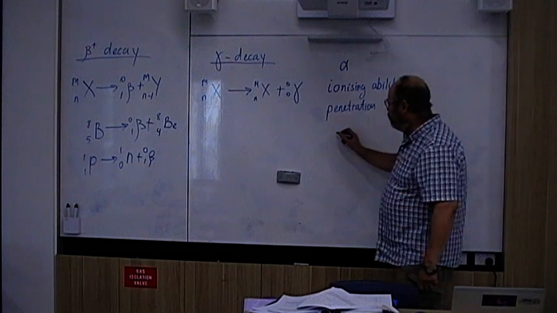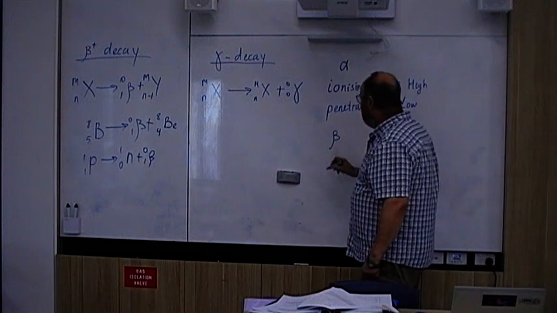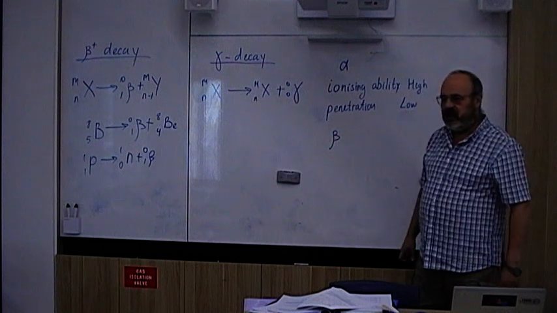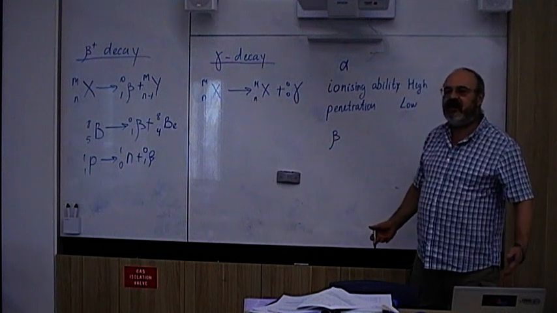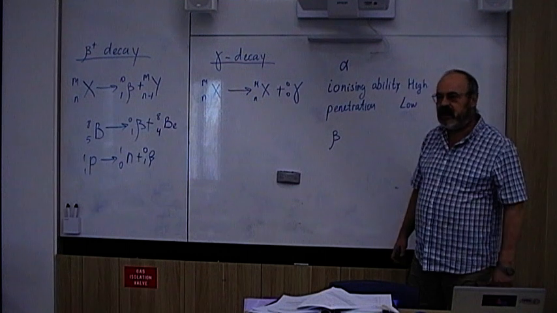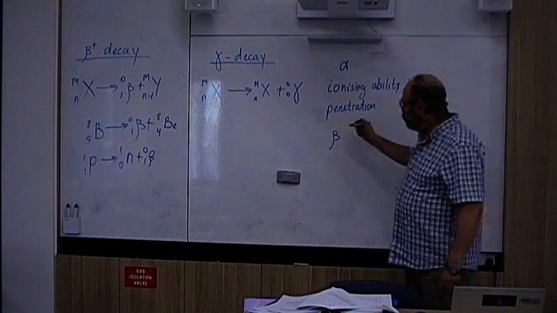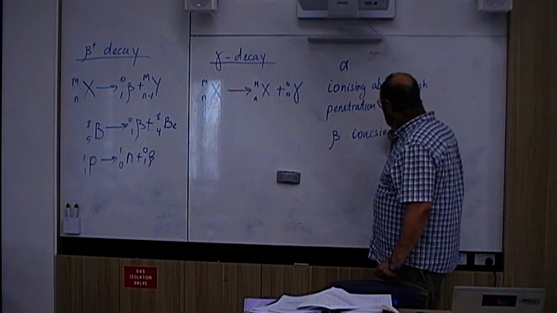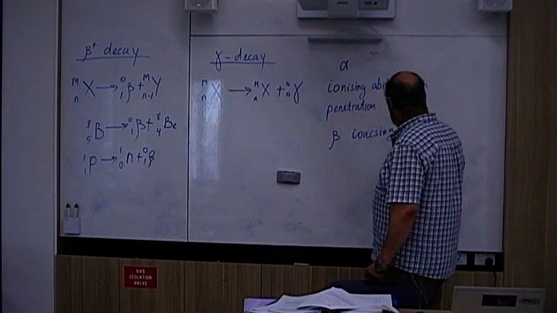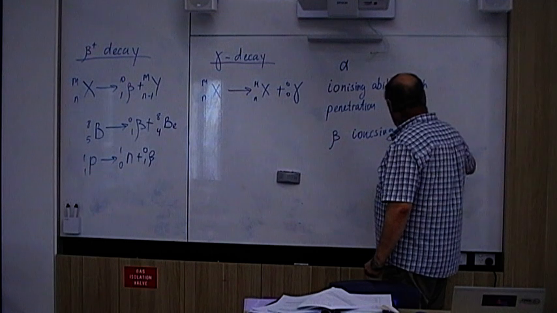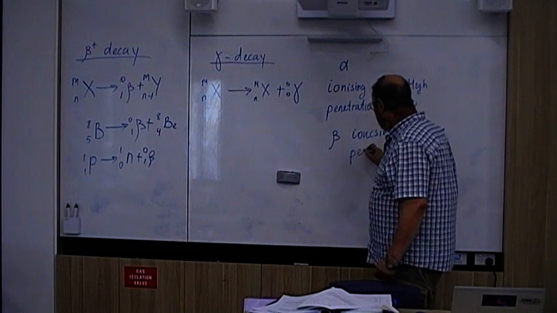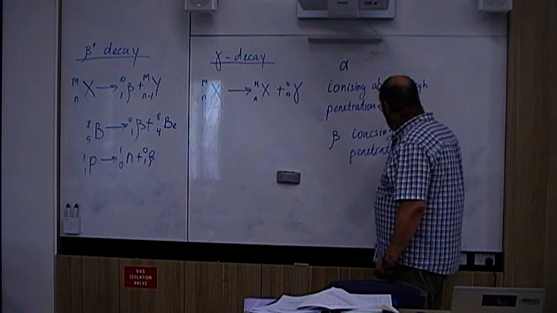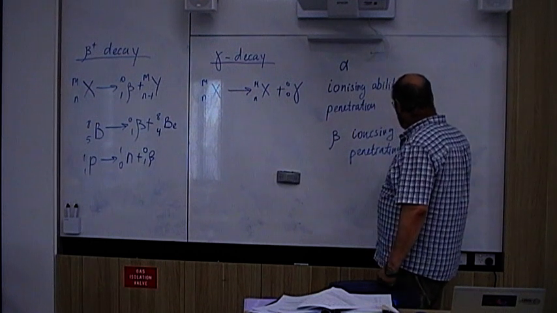Beta. Beta is electrons moving fast, but much, about 8,000 times lighter than an alpha particle. So ionizing ability is medium and penetrating ability is medium as well.